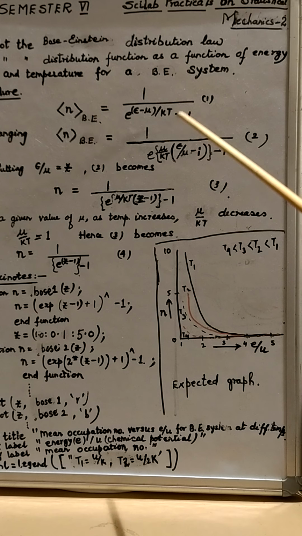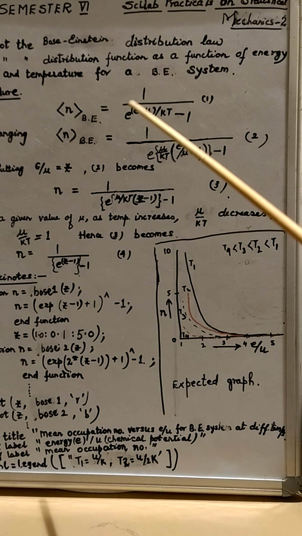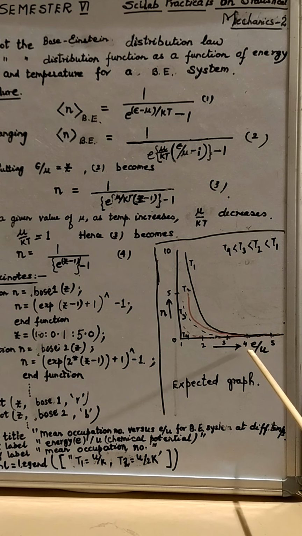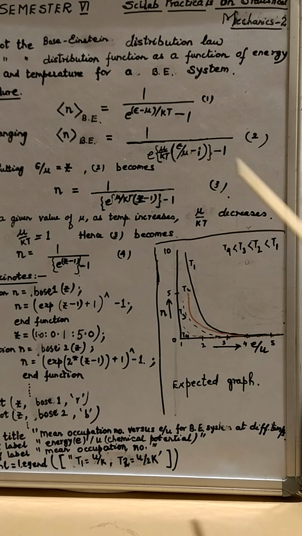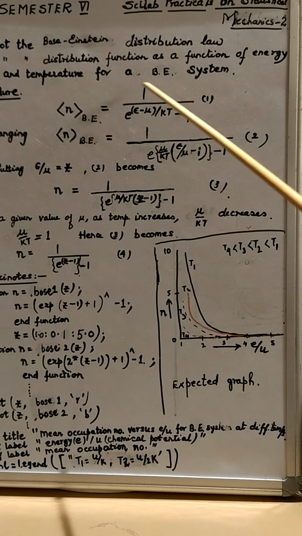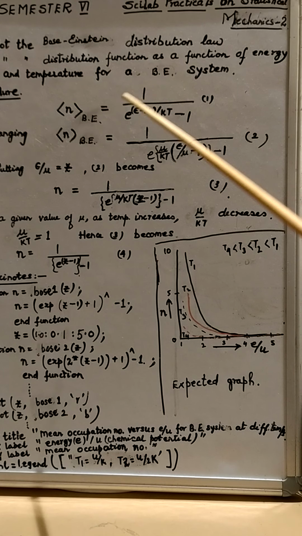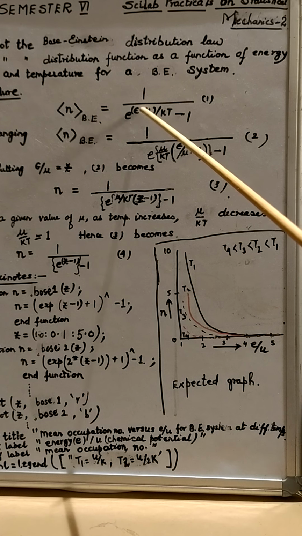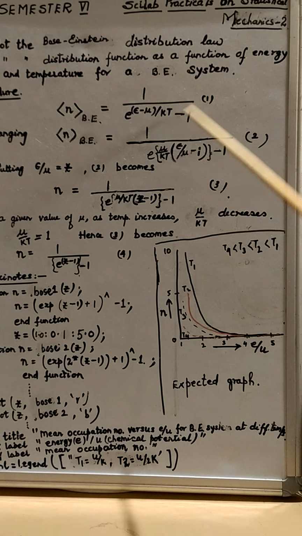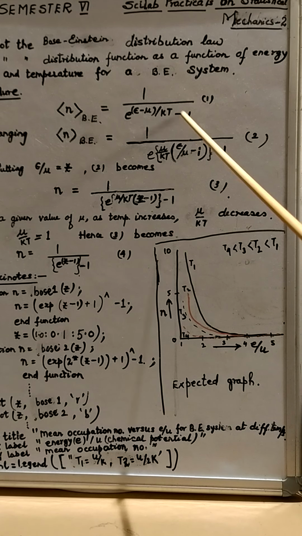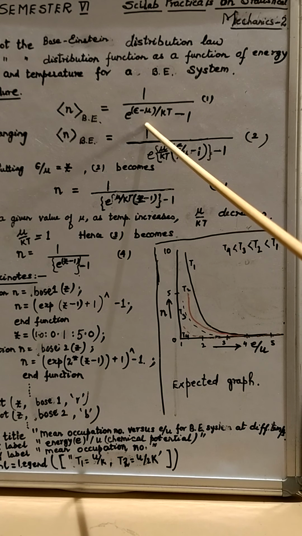You can see from equation 1 that if epsilon is less than mu, that means E by mu is less than 1, then this e to the power term will become negative, and so the whole expression takes a negative value, because whatever I get from here will be less than 1, so this dominates over this term.